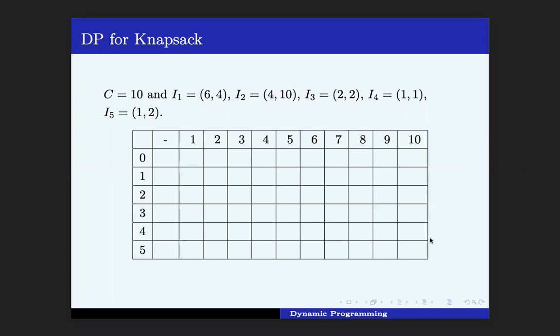So I have an algorithm that can do it in time C times n. Note that, not 2 to the power n, C times n. Is this thing clear? Or should I repeat it again?